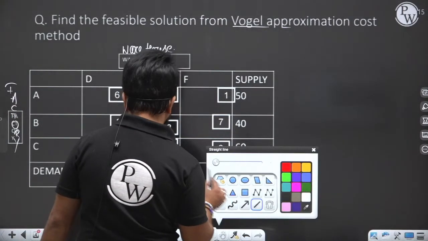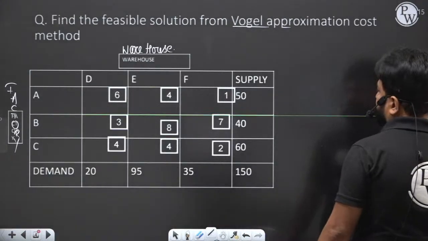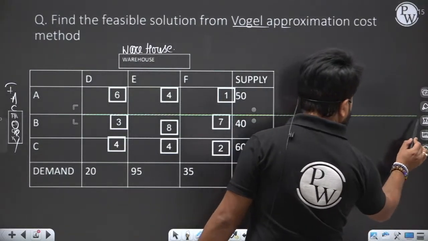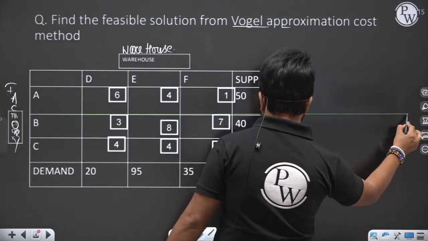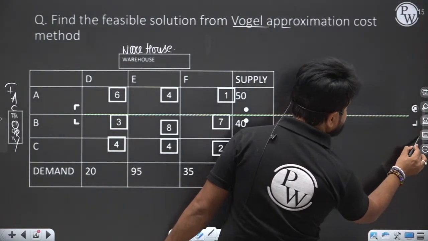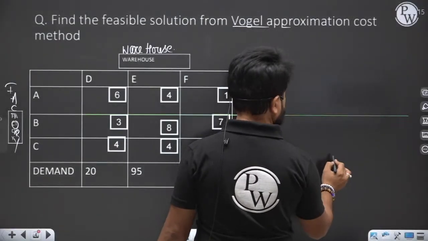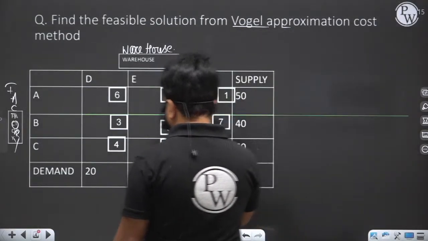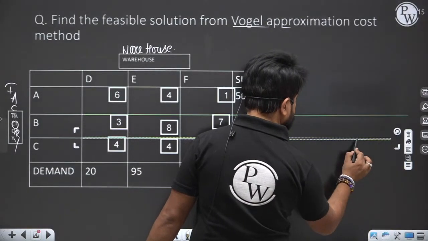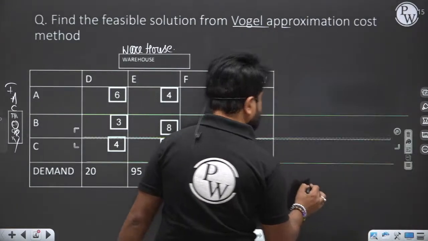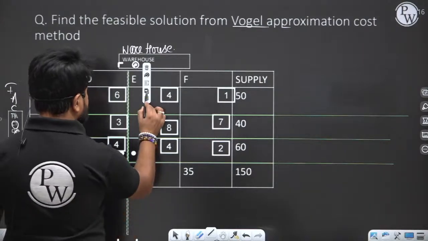So how can we solve? You should know that in the Vogel approximation method, we have to find out the penalty cost.